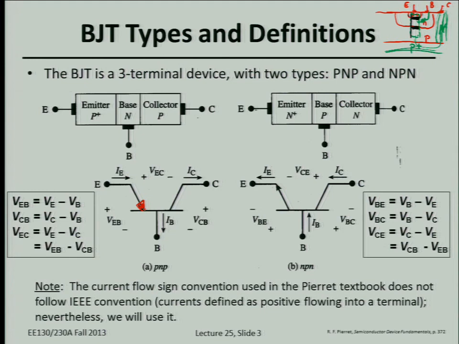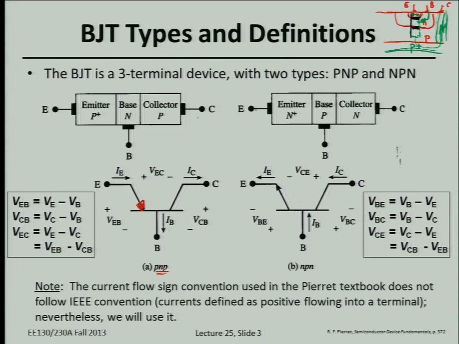Now our main textbook for this class defines current to be positive in the directions indicated by these arrows. So today, let's just focus on PNP. These current directions are defined so that IE, IB, and IC are all positive quantities.